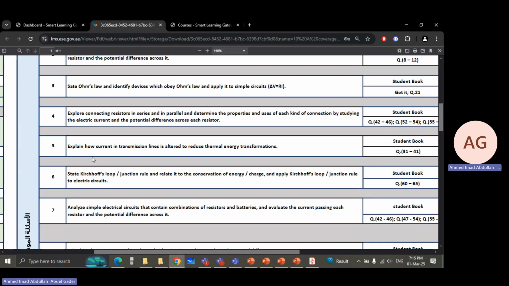Moving on. Explain how current in transmission lines are altered to reduce thermal energy transformations.